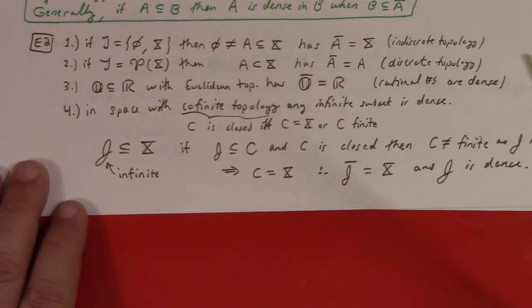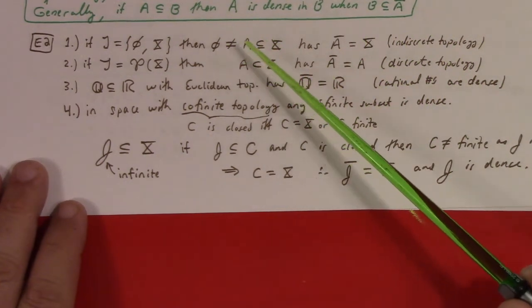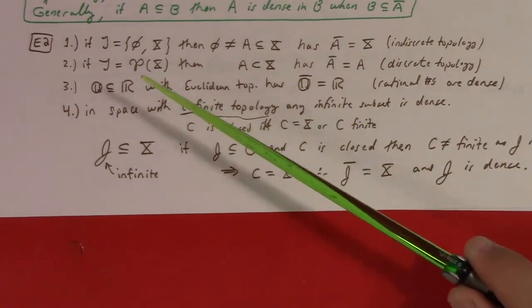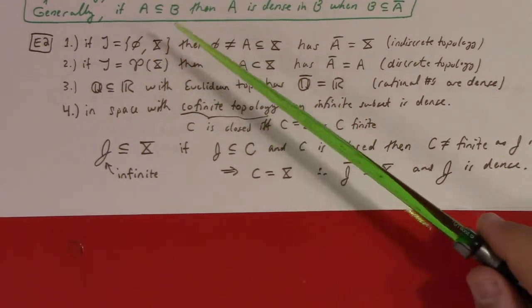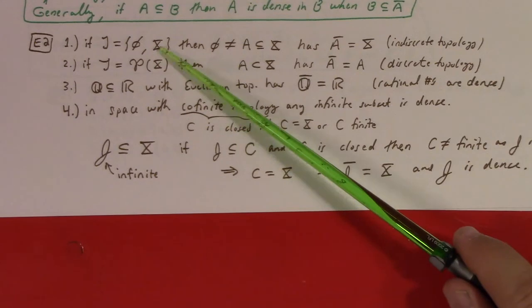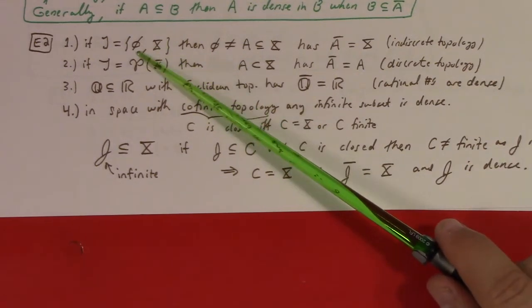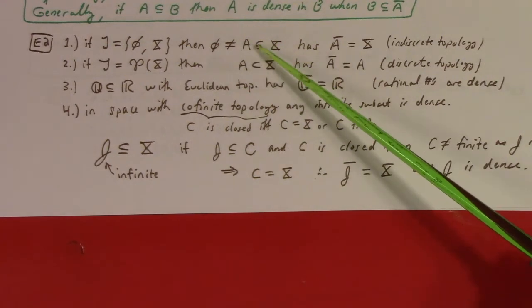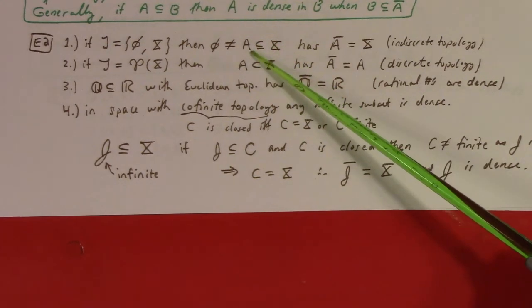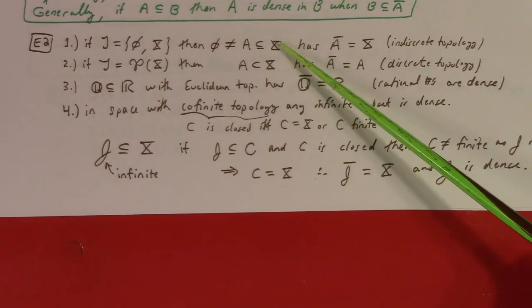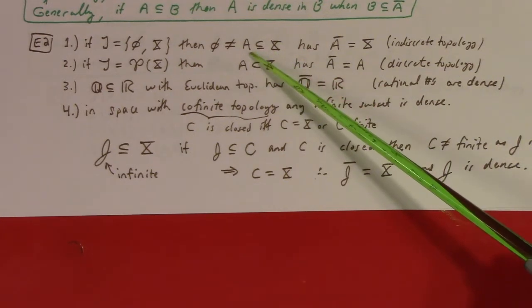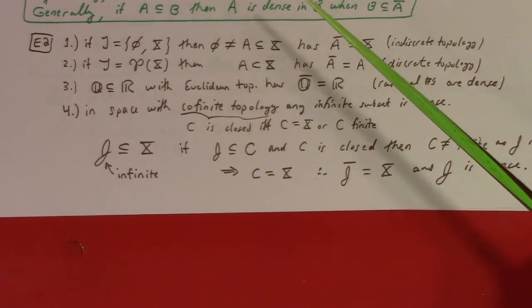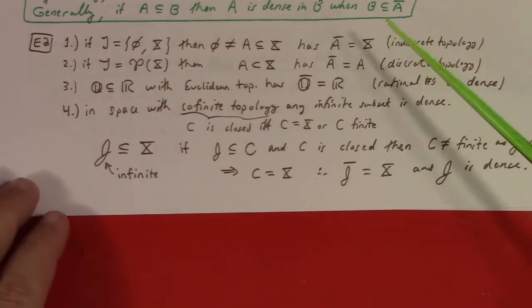Yeah, because what are the closed sets in this? The closed sets in this are just the whole space or the empty set. And so what are the closed sets which contain a non-empty set? Well, the whole space. That's the only closed set that contains the set A. So the closure is then by definition the whole space.